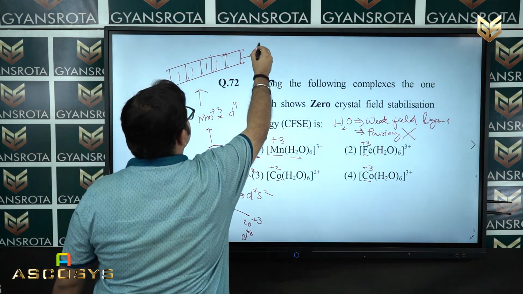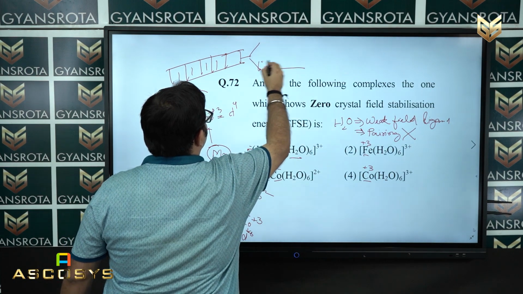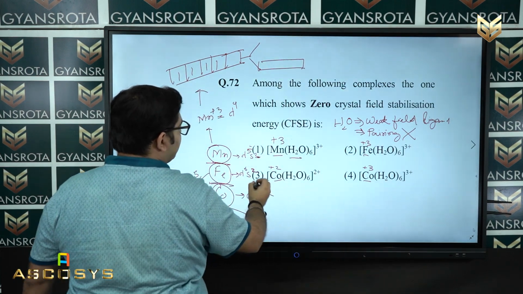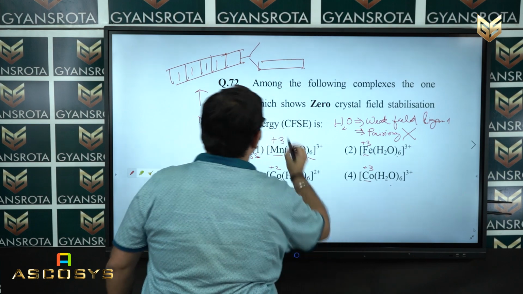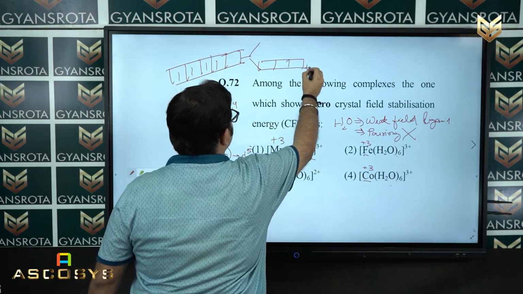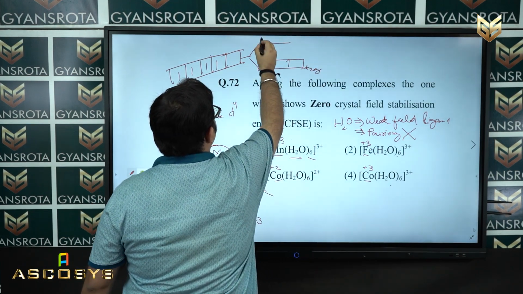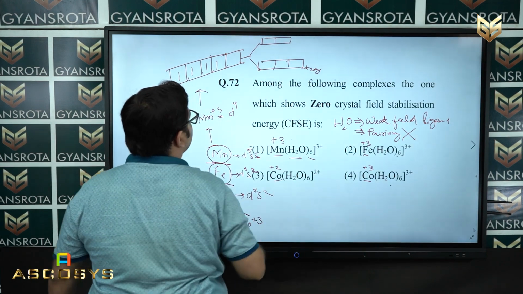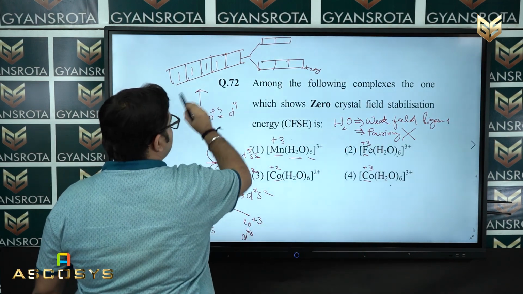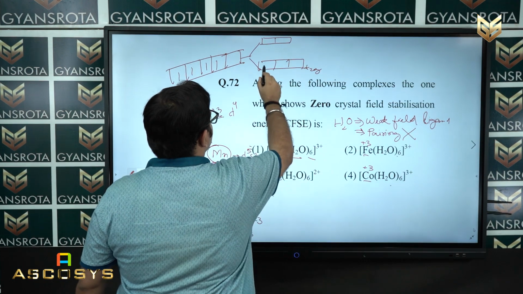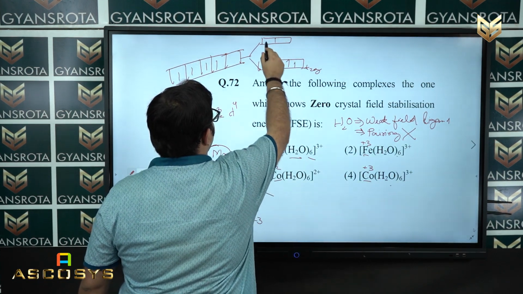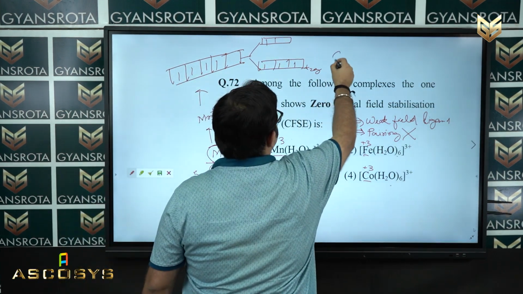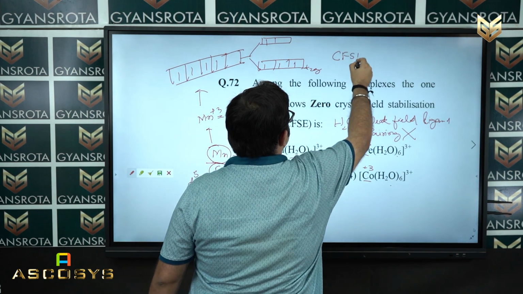If I split this one, it will be coming here because it is an octahedral complex. In octahedral complexes, t2g will go down and eg will go up. So here 4 electrons will be there and pairing does not take place. So 1, 2, 3 and the 4. And what is the CFSE formula?